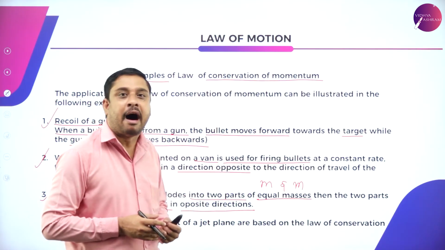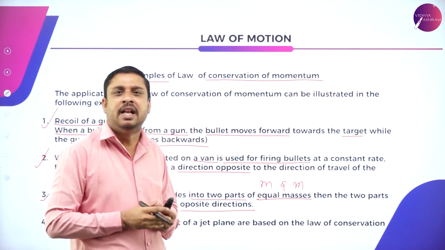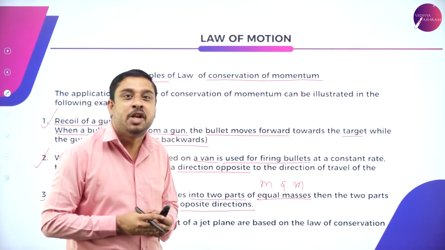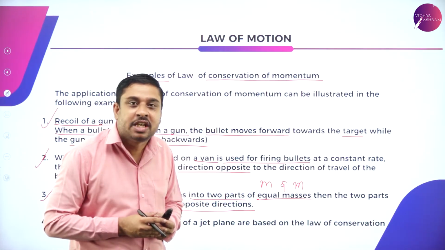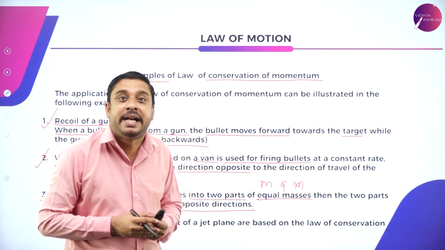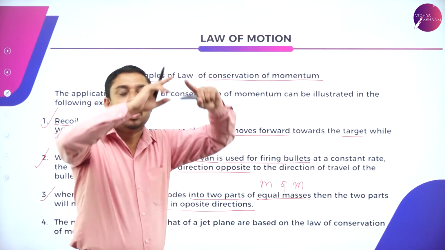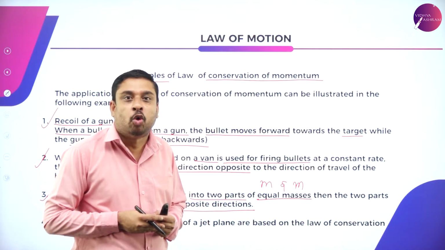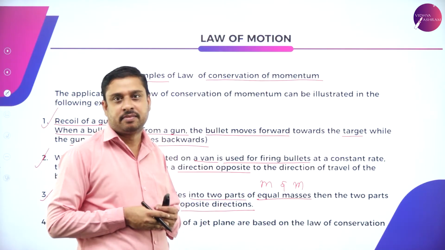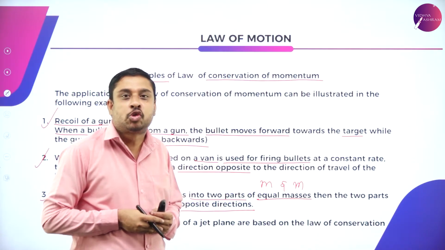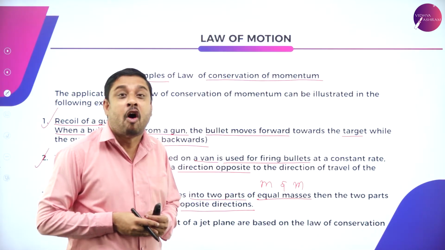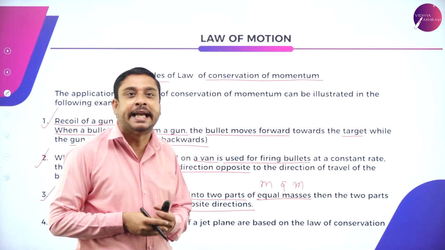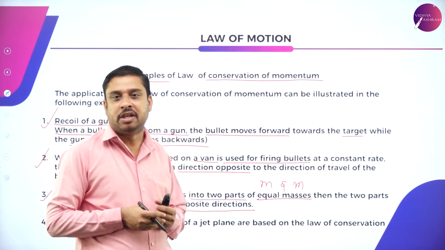Then the two parts should travel with the same speed, but always in opposite directions. Fragmentation of mass. Huge mass split into two smaller masses. And those two smaller masses of equal mass travel with equal speeds in opposite direction.